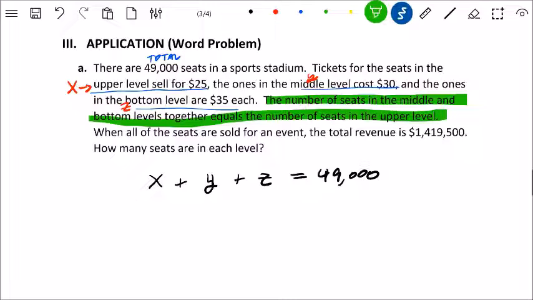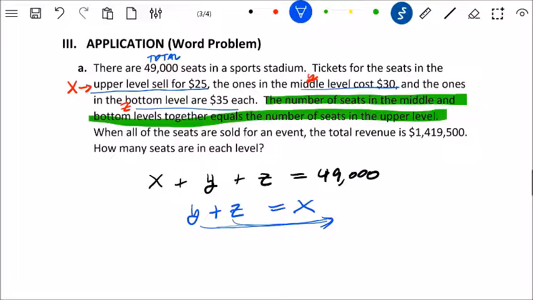So the middle and bottom, which is Y plus Z, equals the number in the upper, the X. We can rewrite that if I move all the other things over to the left side, so it'll be 0 on the right. Let's keep the X's first: X minus Y minus Z is equal to 0.